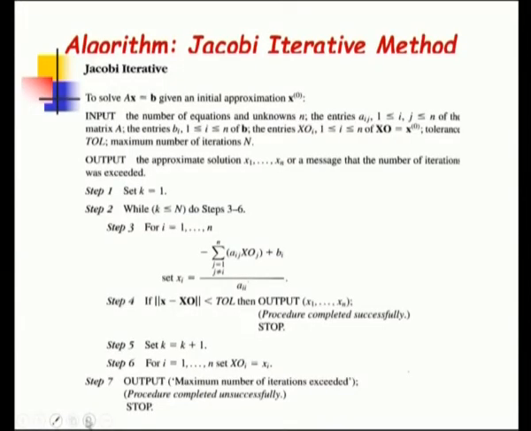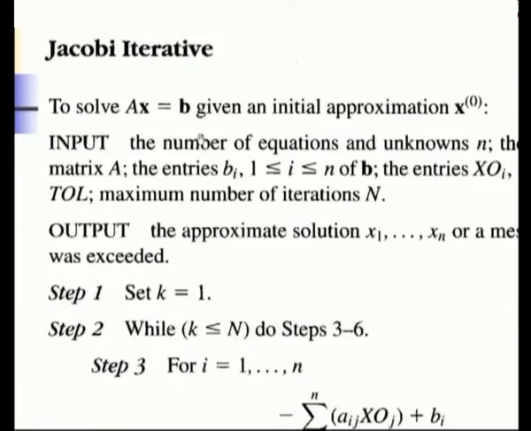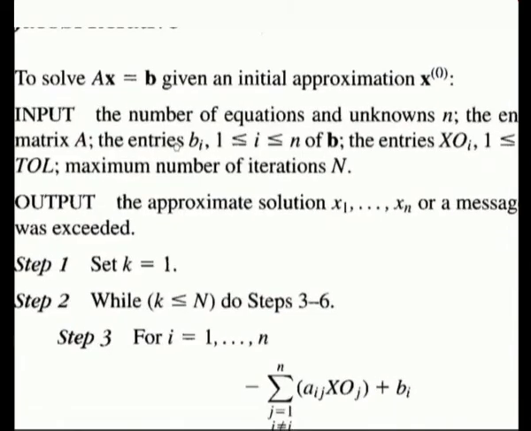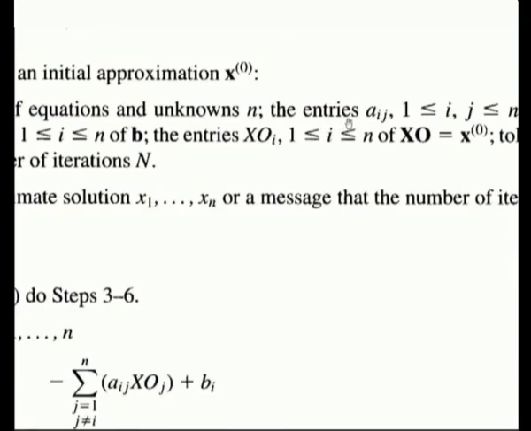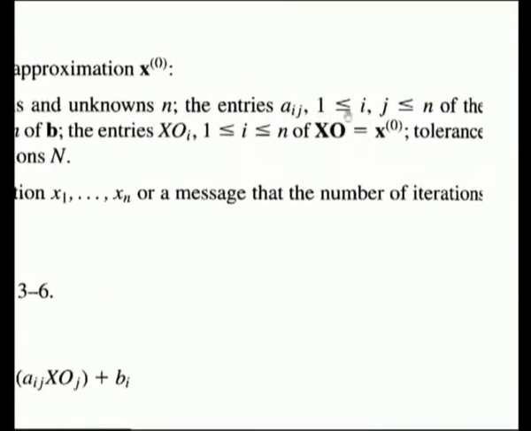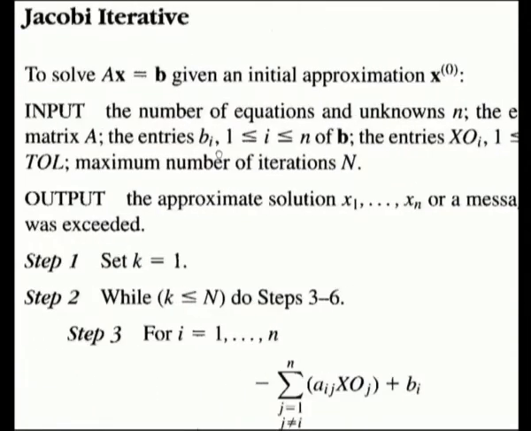And this is the actual algorithm. The aim of the method is to solve Ax equal to b with a given initial guess. The input is the number of equations and number of unknowns, and the entries of matrix a_ij for i equal to 1 to n and j equal to 1 to n, and another input is the right hand side entries b_i for i equal to 1 to n.